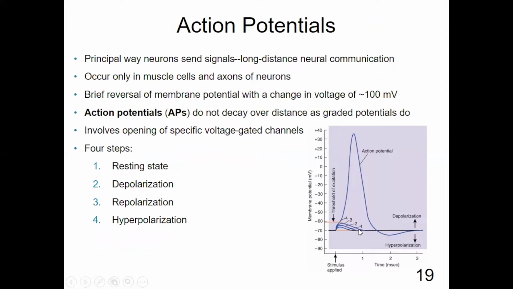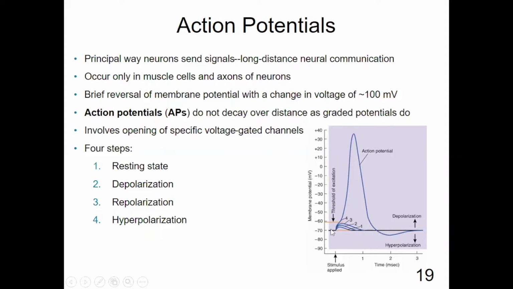Action potentials are for long distance communication. So neurons generate action potentials to send information a longer distance. So the action potentials are generated in neurons and in muscle cells. Those are the only two cells that we see action potentials. Action potentials look something like this figure on the bottom right-hand side of slide 19.